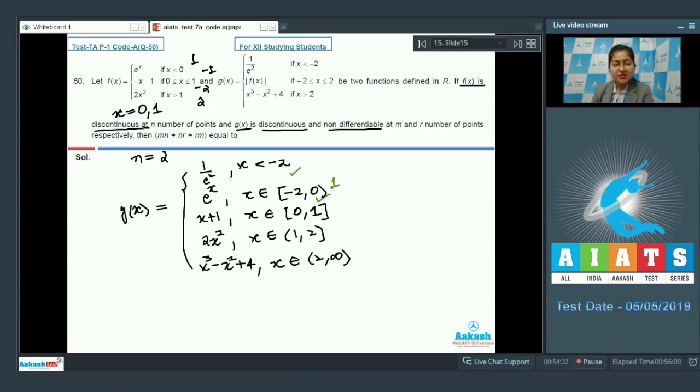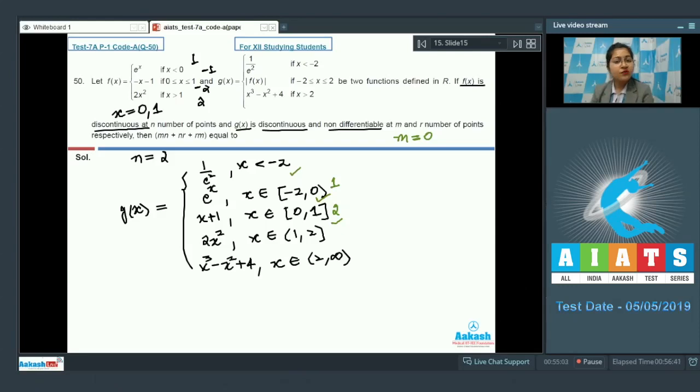At 1 minus the value is 2, and at 1 plus the value is again 2, so it is continuous here also. At 2 minus the value is 8, and at 2 plus the value is 8 minus 4 plus 4, that is again 8. So it is a continuous function for all x belonging to R. So we can say that the value of m is equal to 0.